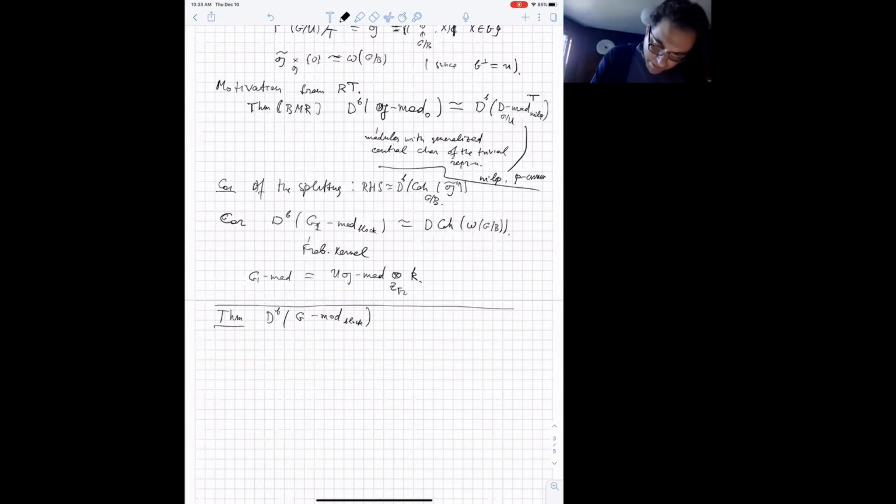Really here, maybe I was dropping it sometimes, but maybe I should keep it here. So this is equivariant coherent sheaves under G Frobenius twist of omega of G mod B1.